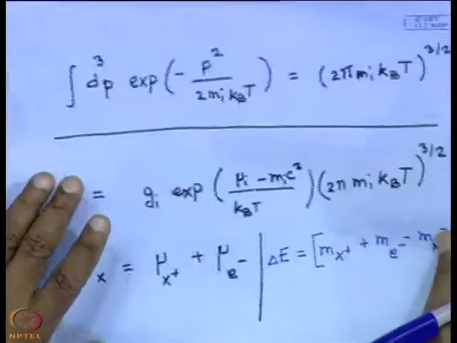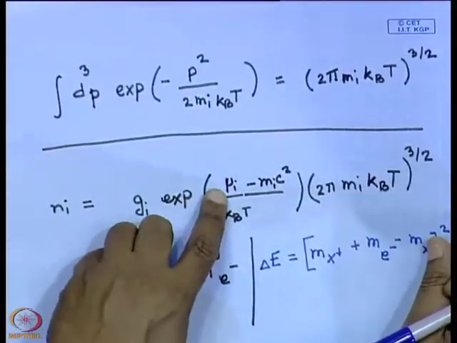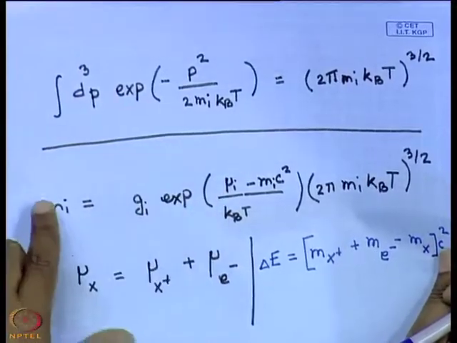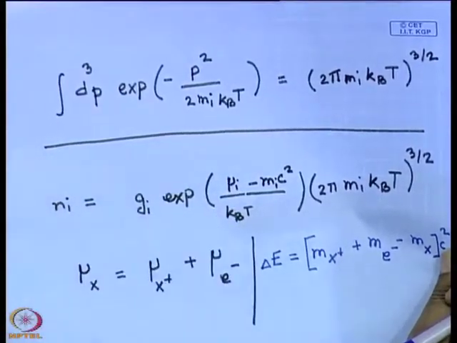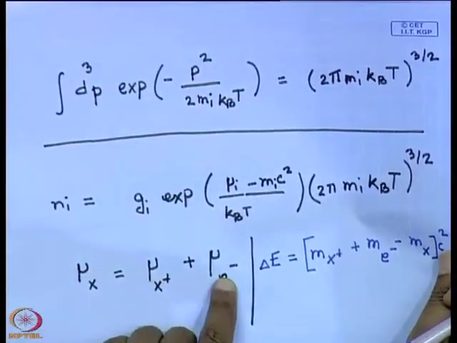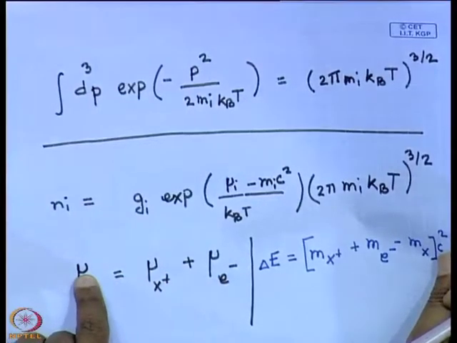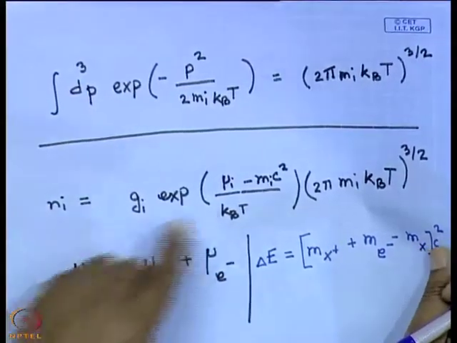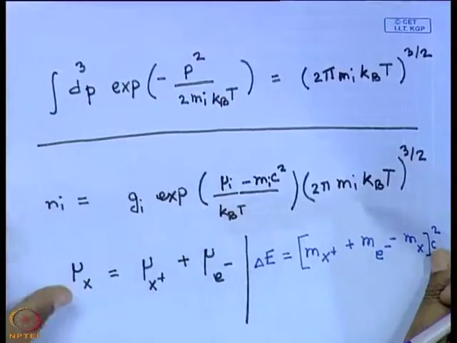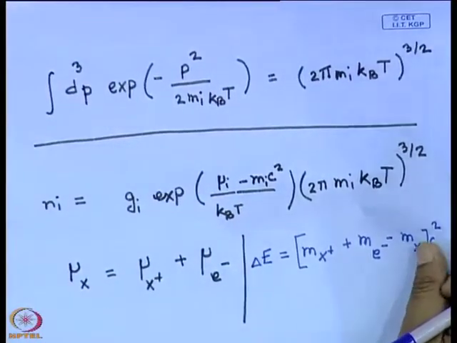So, since the chemical potential is in the exponent, we will have the exponent of this plus this minus this, which is 0. So, the chemical potential term exactly cancels out from the whole thing.